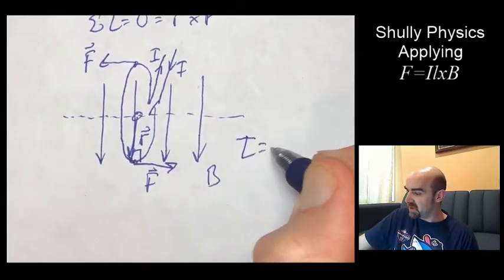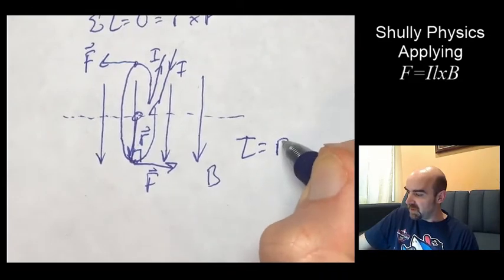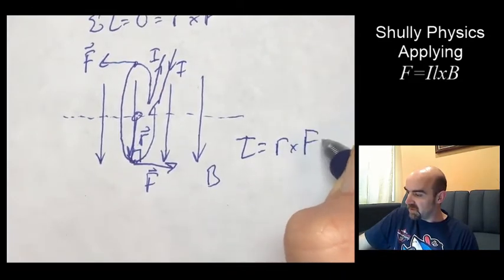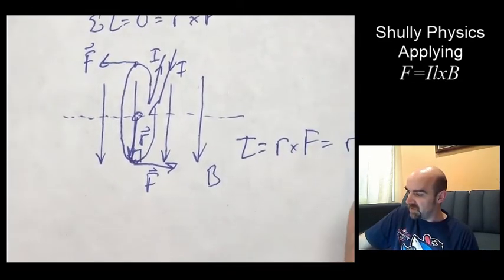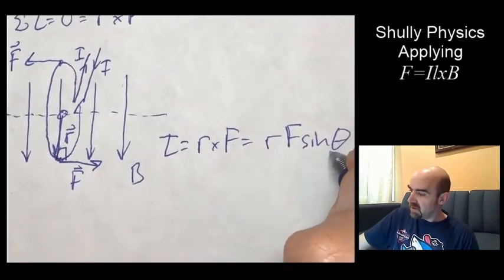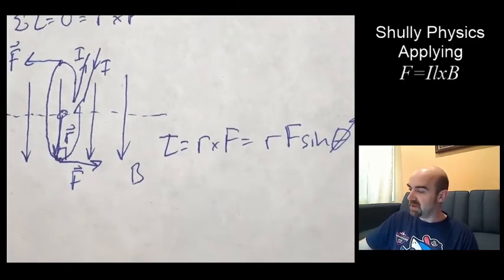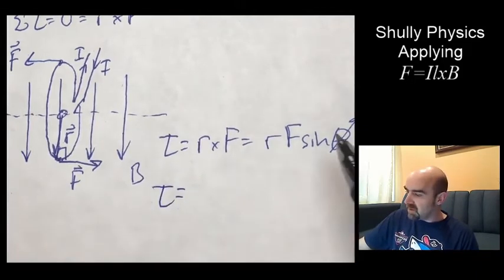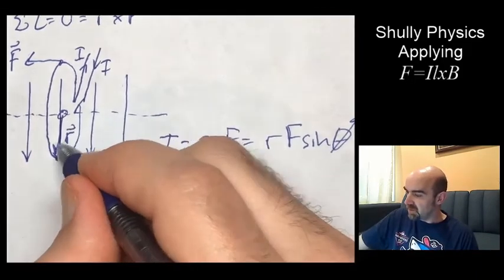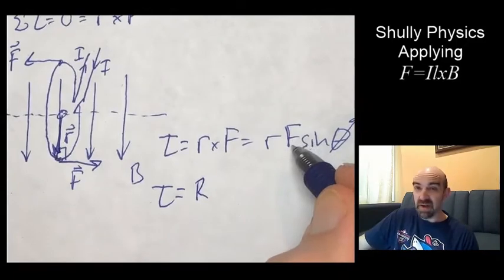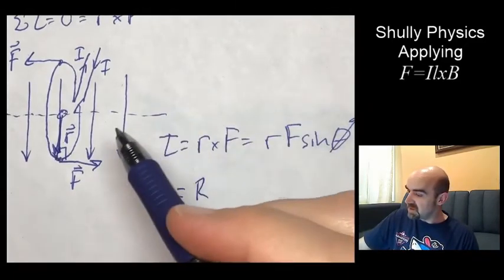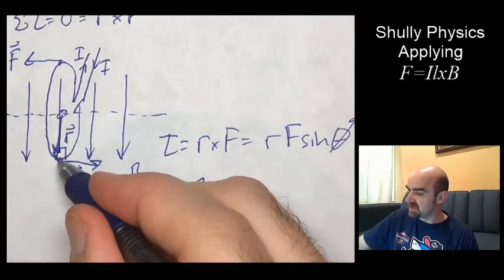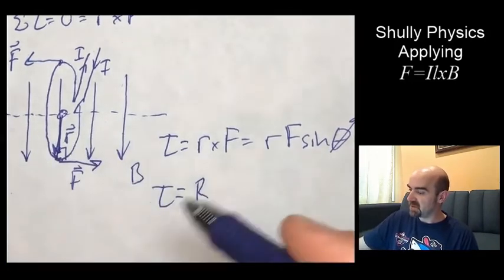The torque would be r cross F, which is rF sine theta for a magnitude. Theta is a 90-degree angle, or pi over 2 radians. The r would be whatever radius that loop is, and for F, the velocity is coming out and the B is going down, so they're perpendicular.